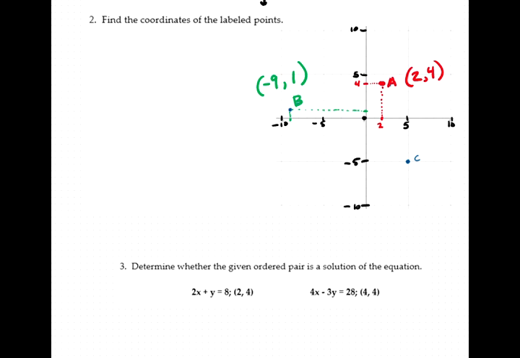All right, and finally, point C. Looks like we are at positive 5 on the x-axis. And vertically, we're down 5, so negative 5 on the y-axis. Let me make that 5 look a little bit better.